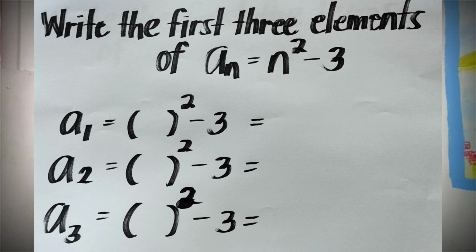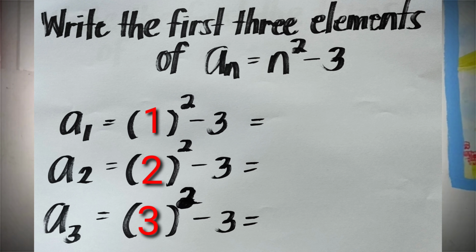Number 2. Write the first 3 elements of the general term a sub n equals n squared minus 3. So dahil first 3 lang ang hinahanap, ano-ano na lang ang isa-substitute natin sa n? So tama, 1, 2, 3 lang.